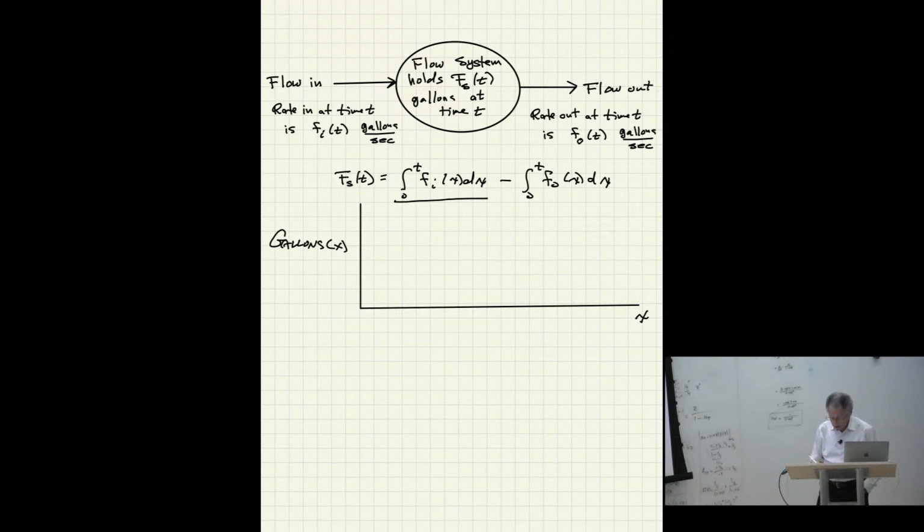And I'm going to draw an arbitrary picture here, supposing it looks like that. It can't decrease. The amount that comes in is just an increasing quantity with t. And so at some point, t, say right here, that doesn't work.